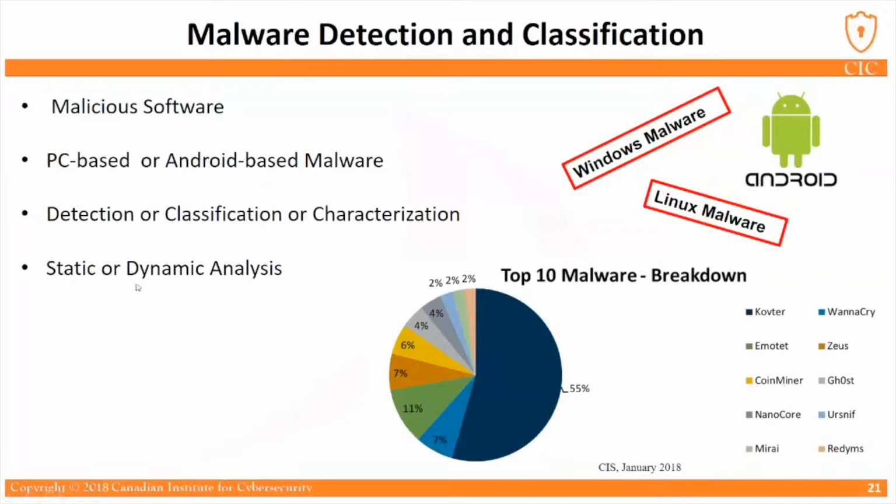And if you want to analyze a malware, there are different ways, whether it is static or dynamic. In a static analysis, we inspect an application's manifest, or we can disassemble the code and extract the features. One of the disadvantages of these approaches is that they can be defeated by malware, for example, by obfuscation or malware repackaging.